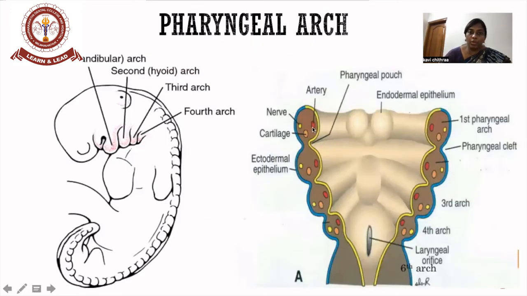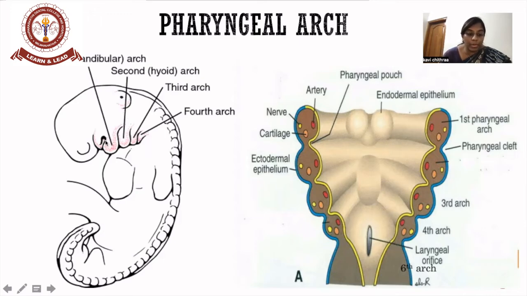Around the 4th week of intrauterine life, the lateral plate of the mesoderm of the ventral foregut forms 5 bilateral mesenchymal swellings, which are the pharyngeal or the branchial arches. There are actually 6 branchial arches, out of which the 5th one disappears. A prominent bulge appears on the ventral aspect of the embryo, which corresponds to the developing brain.